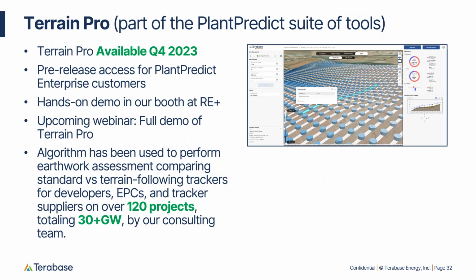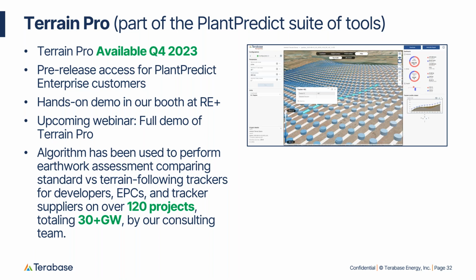Wrapping up the Terrain Pro discussion, we expect this to be released after RA Plus in Q4 of 2023. We're planning to first release this to our PlantPredict Enterprise customers as a pre-release. Please stop by our booth at RA Plus for a hands-on demo and watch out for an upcoming webinar where we're going to go into much more detail on how to use Terrain Pro, the data that we can extract from it, and the integrations with other PlantPredict products.